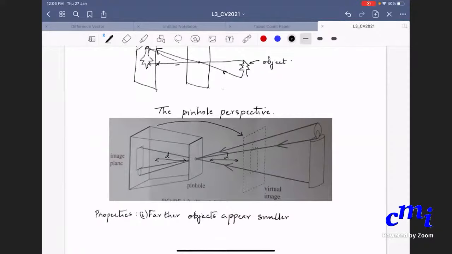Now there are a few simple observations that you can make from this, and this was probably also part of your physics class. One of the things that is obvious is that farther objects will appear smaller.